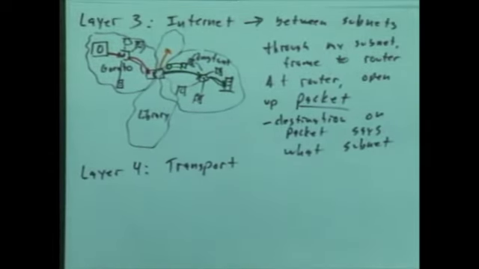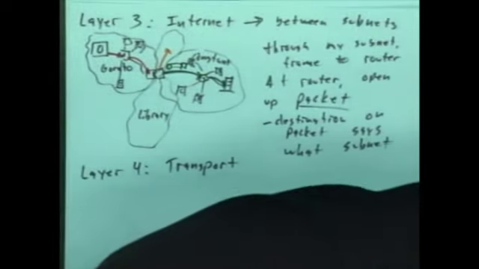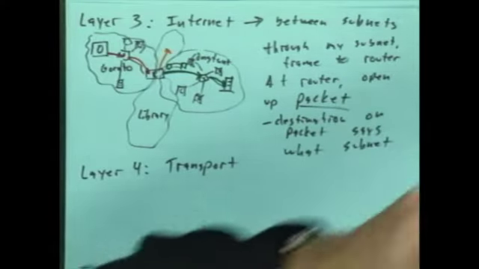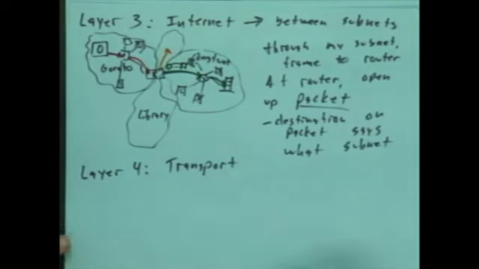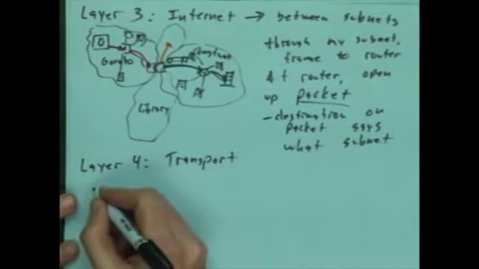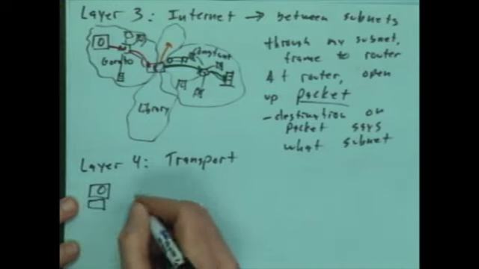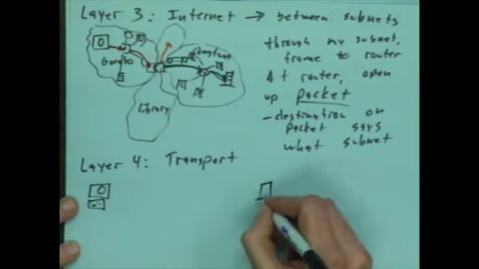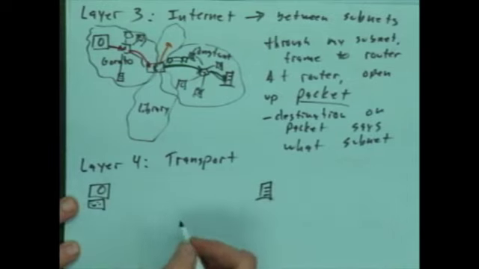Transport layer, make sure I can get this right. Yeah, we'll worry about that stuff some other time. Transport goes between the hosts. Okay, so here's me, there's my server, okay?